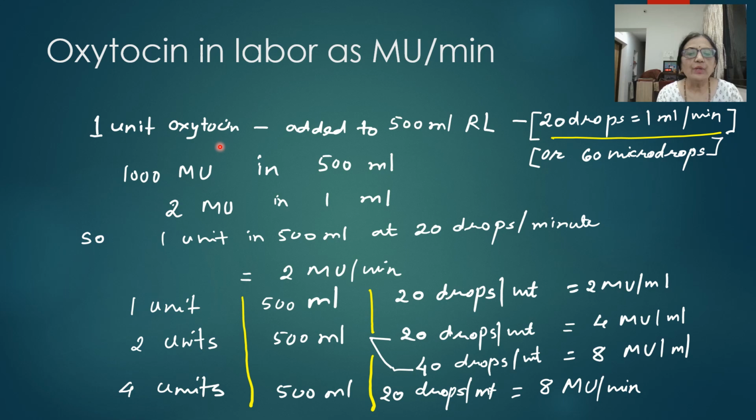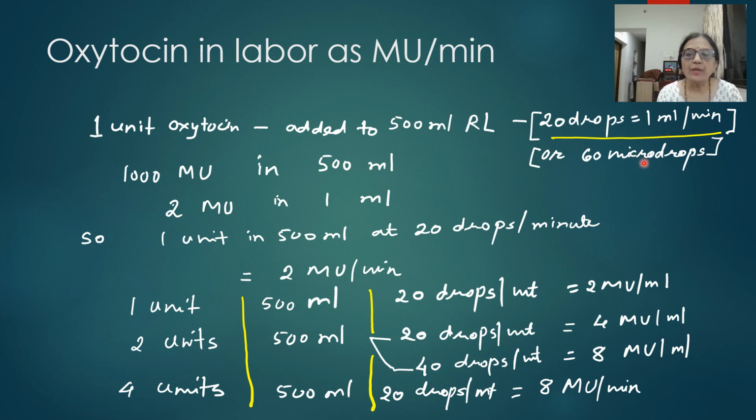Now, if 1 unit oxytocin is added to 500 ml of Ringer lactate, then depending on the drip rate, we know how much the patient is receiving. If the drip rate is 20 drops per minute, the patient is receiving 1 ml per minute with the usual IV drip.